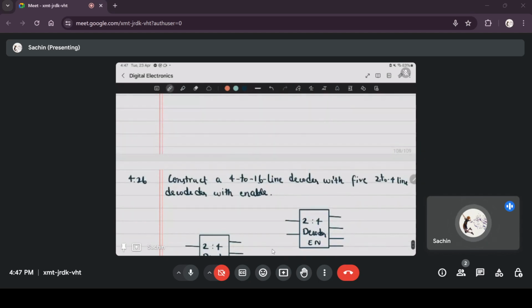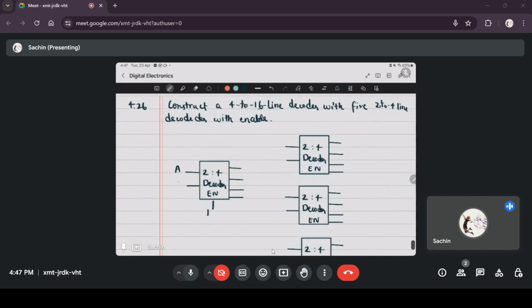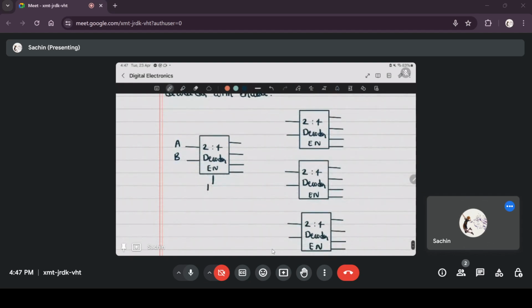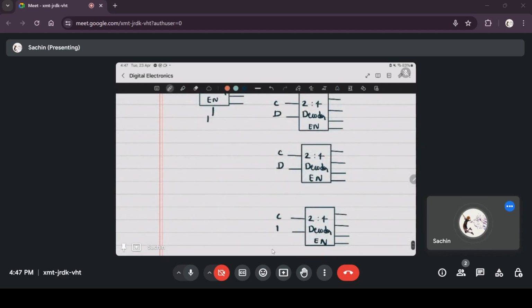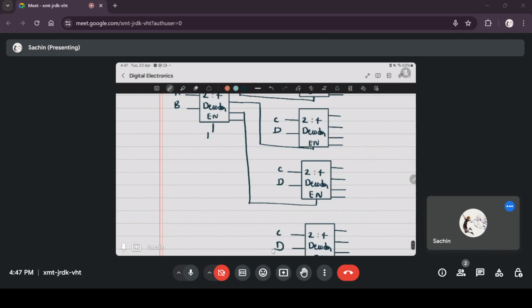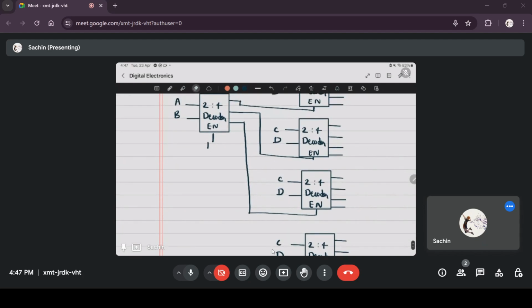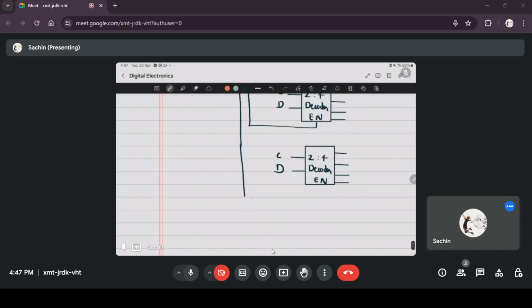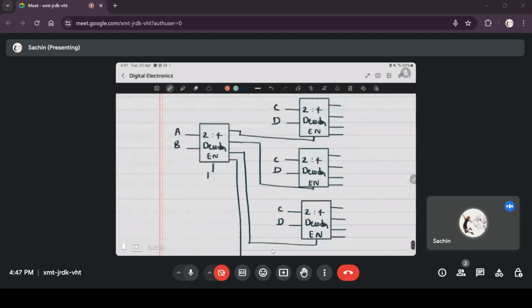Now the most significant bits of your input, AB, are given to the first stage, and in the second stage you give CD to all the decoders, and the output of the first decoder is fed as the enable signal for each of the decoders in the second stage.